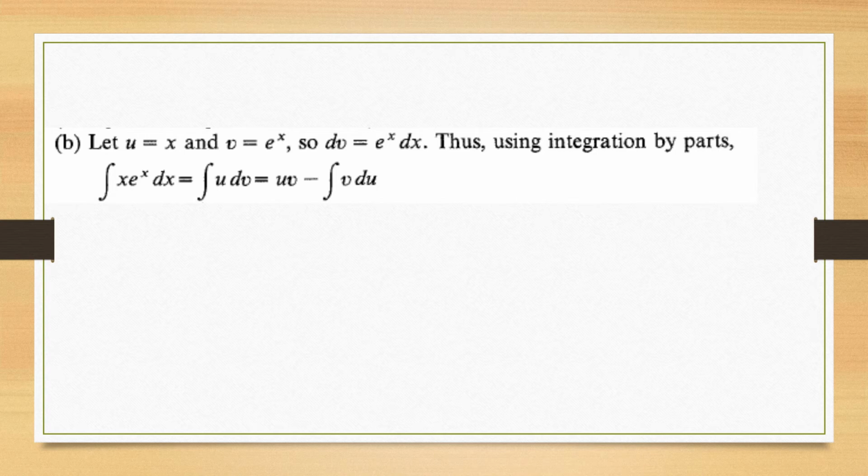Let's see the second part. We select x as u here and v as e power x, because we know that the derivative of v is equal to e power x.